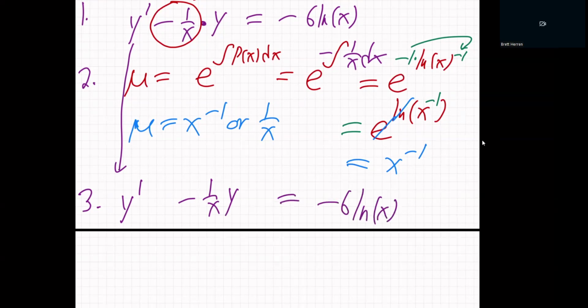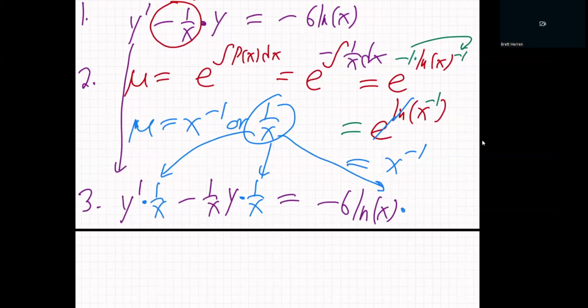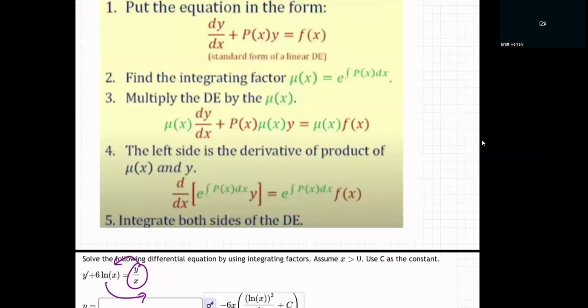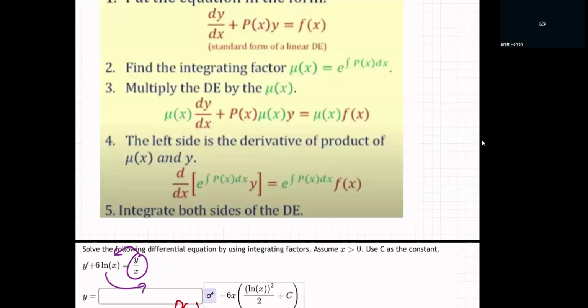And then I'm supposed to take this and multiply all three terms by it. I'll do the 1 over x version. Times 1 over x, times 1 over x, times 1 over x. Supposed to multiply both sides of the equation, all three terms, by the integrating factor. It's step 3.